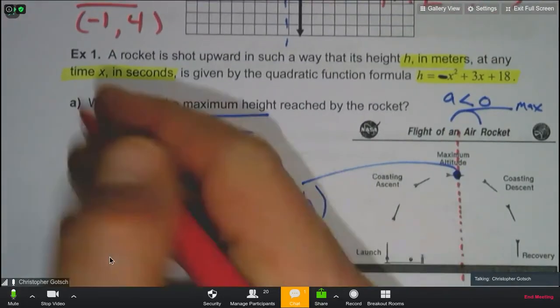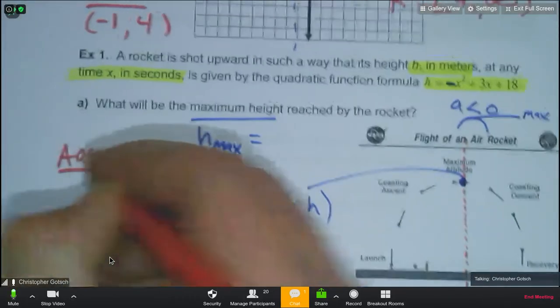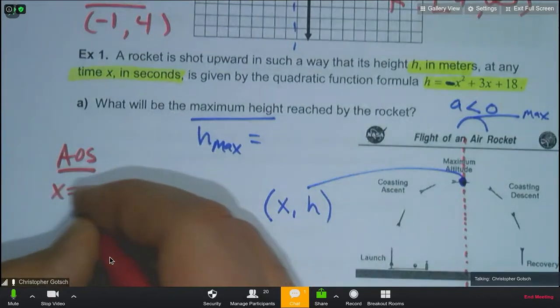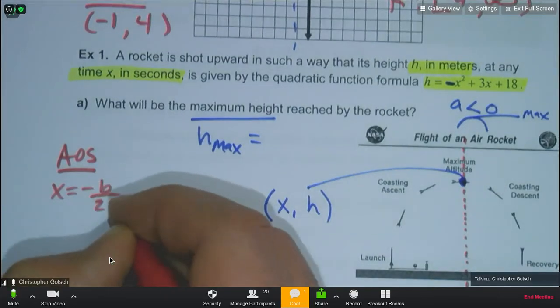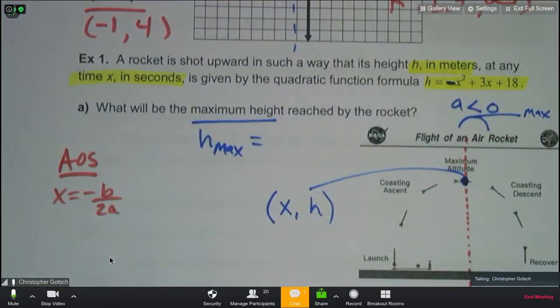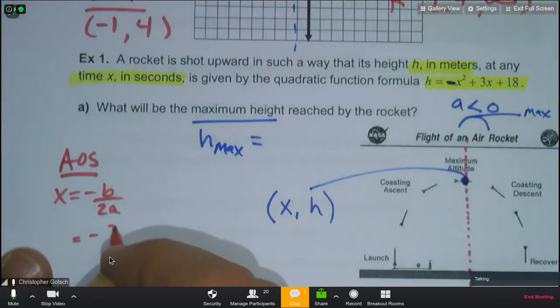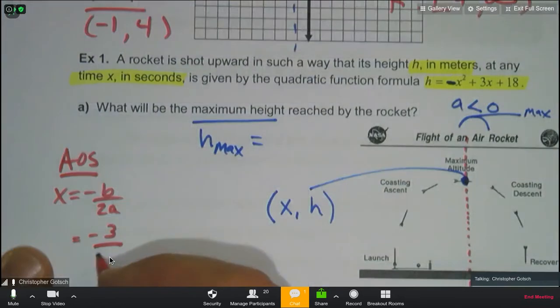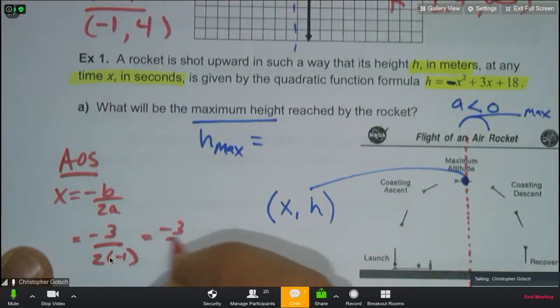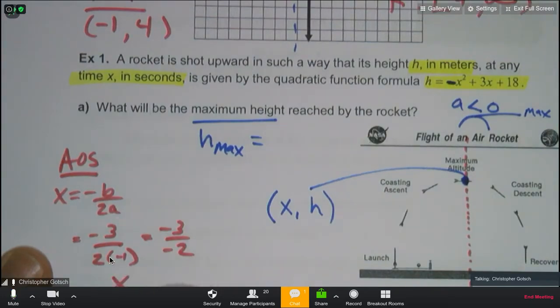So if I was doing this by hand, I could use x equals negative b over 2a. I would take that b, negative 3, and divide it by 2 times negative 1. Well, that's negative 3 over negative 2, which turns into positive 1.5 seconds.